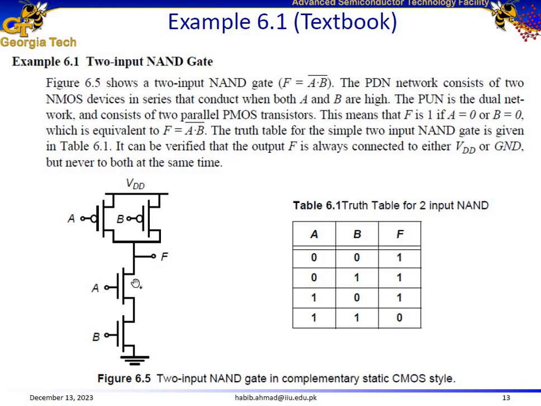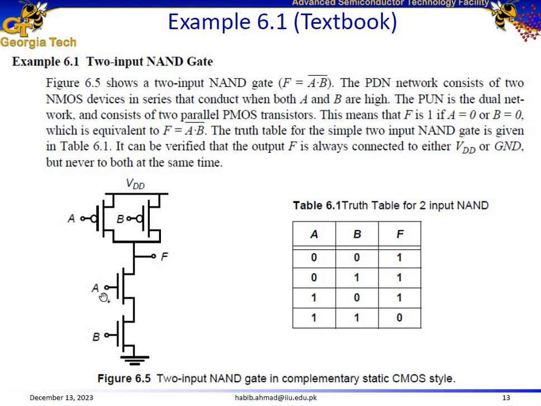And then from De Morgan's theorem, from duality principle, we know that if the NMOS transistors in the pull-down network are connected in series, it corresponds to the PMOS transistors in the pull-up network connected in parallel. So from the logic function, we can actually construct the pull-down network. And then from the pull-down network, following the hierarchy, we can actually construct the pull-up network. Here is an example of an AND function.